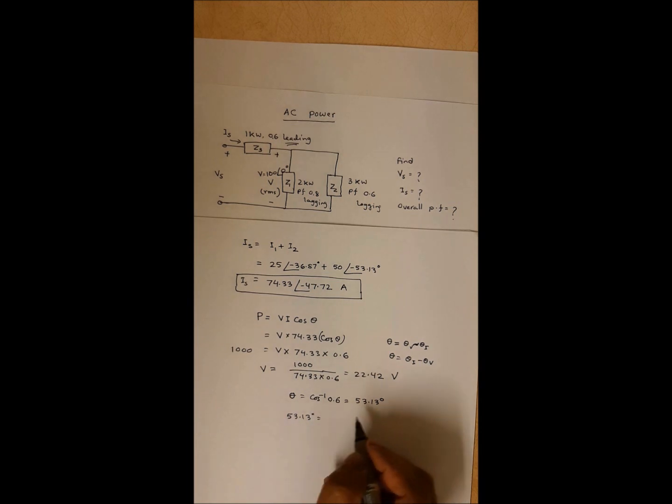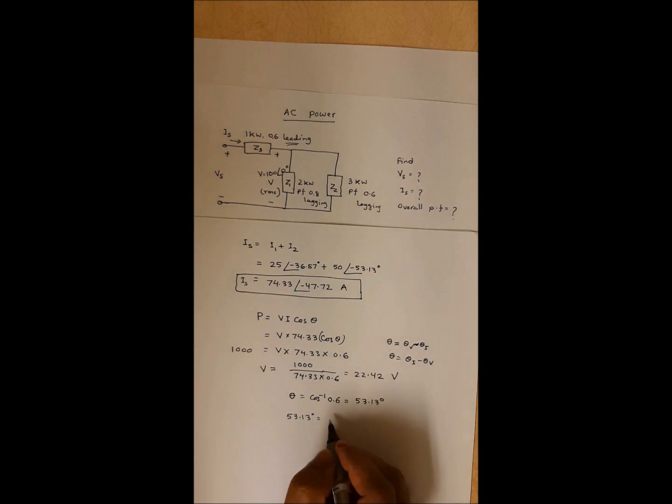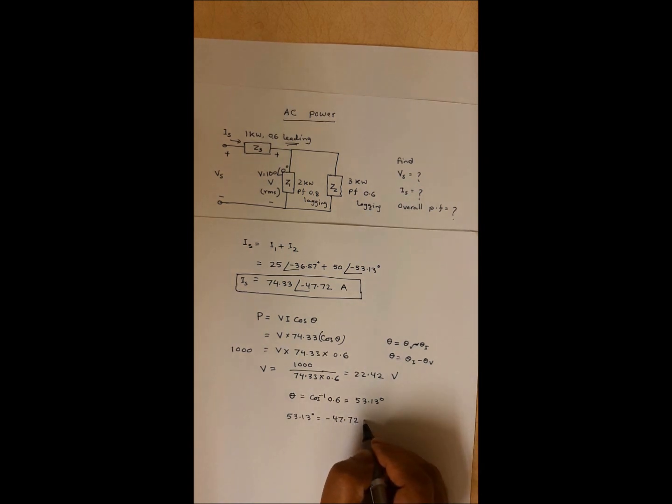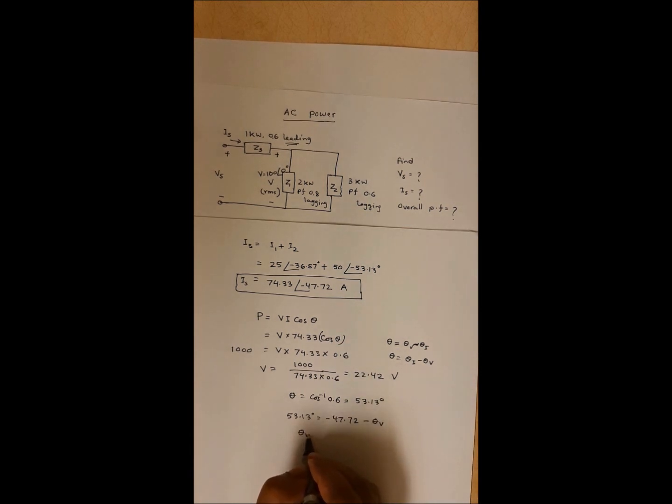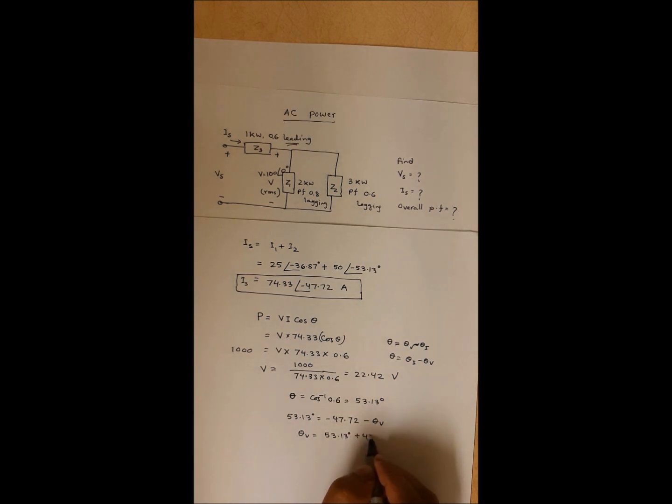So 53.13 is theta I, the current angle, we already know it, negative 47.72, minus theta V. So theta V will be 53.13 plus 47.72.